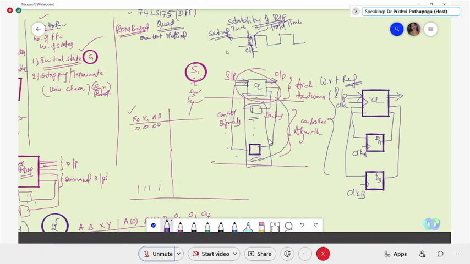So in total, the input should be stable for the duration of setup plus hold time. This total duration, your input needs to be stable. If not, what happens we need to see. If not, there will be some pitfall. These elements we defined, we call them design pitfalls.